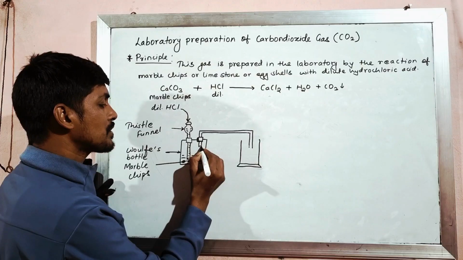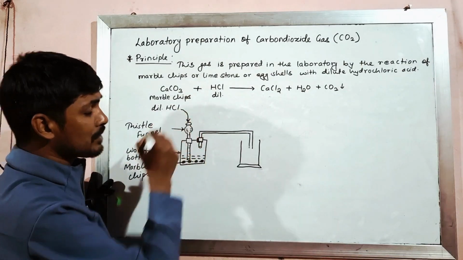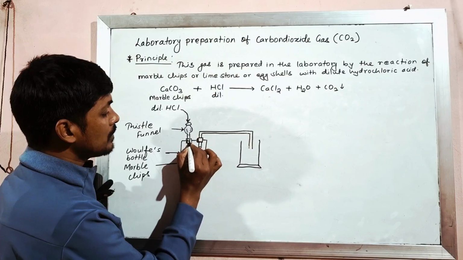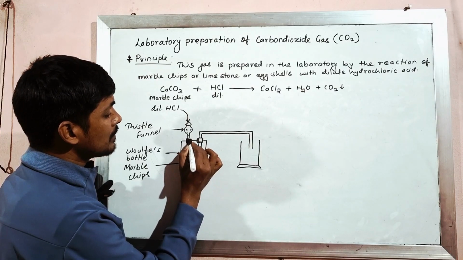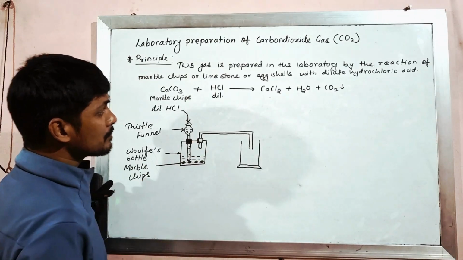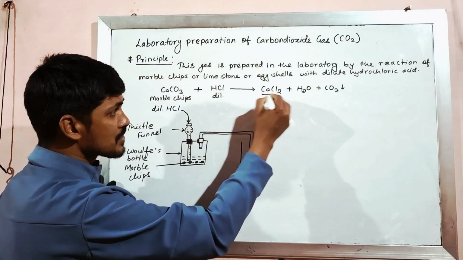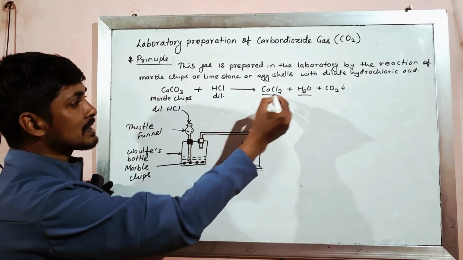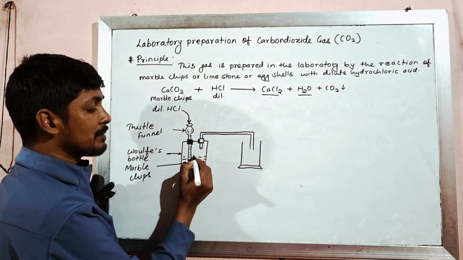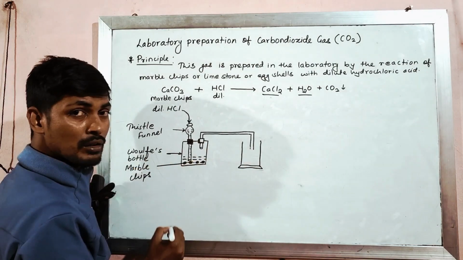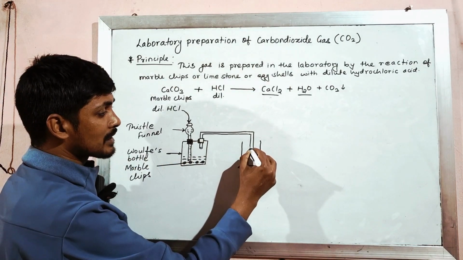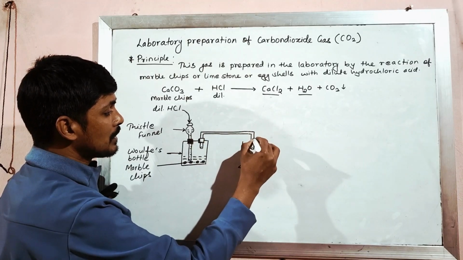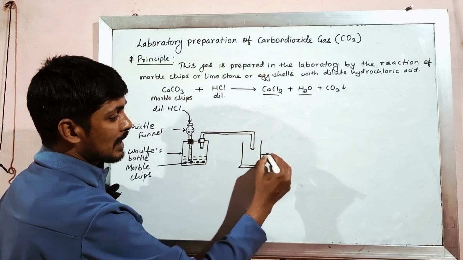After transferring the dilute hydrochloric acid into the Wolf's bottle through the thistle funnel, they start to react. After the reaction, calcium chloride, water and carbon dioxide are formed. The calcium chloride and water remain in the Wolf's bottle, whereas carbon dioxide gas passes into the delivery tube and reaches the gas jar.